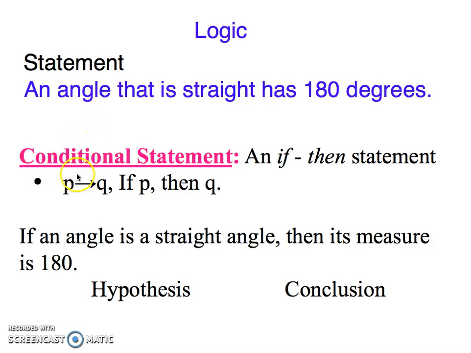A conditional statement is an if-then statement, which means the beginning of the sentence starts with if, and in the middle of the sentence you have a then. A conditional statement can be written as if P, then Q. P stands for the hypothesis, Q stands for the conclusion.